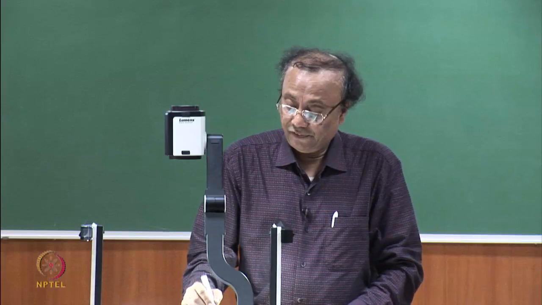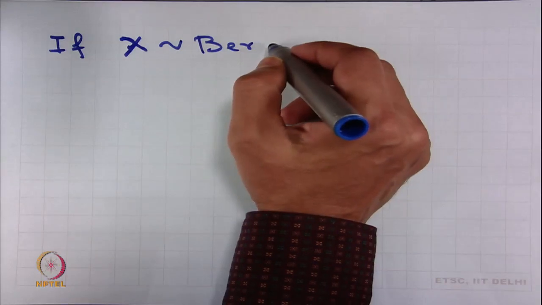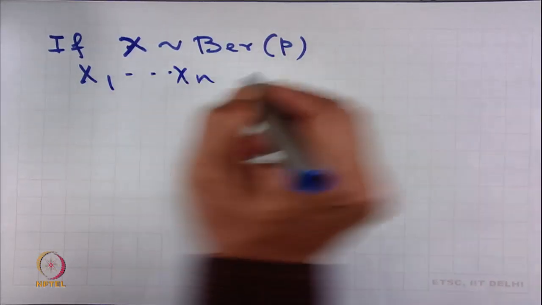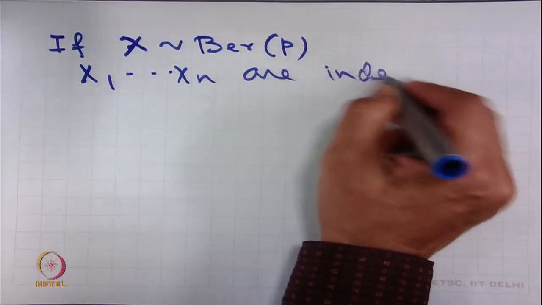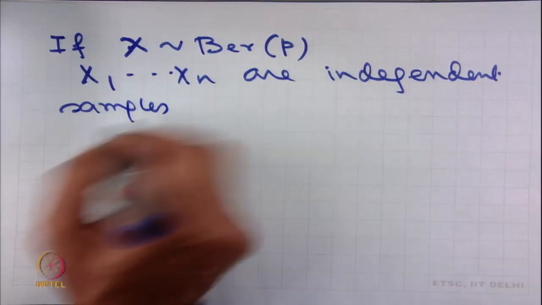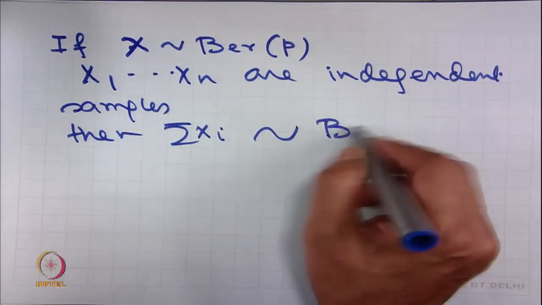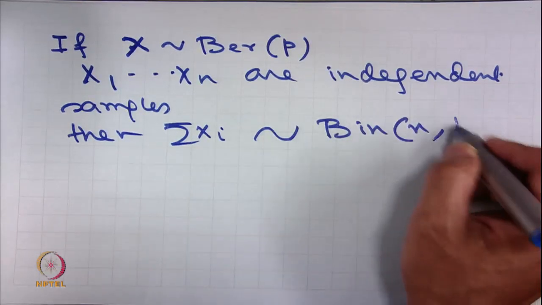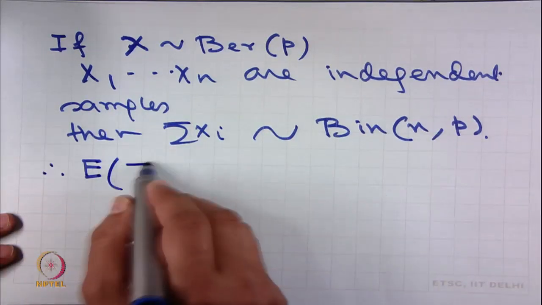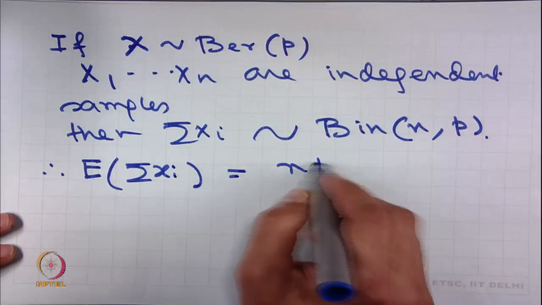We know that if x follows Bernoulli and x1, x2, xn are samples, then sigma xi varies as binomial with n comma p. Therefore, expected value of sigma xi is equal to n p.